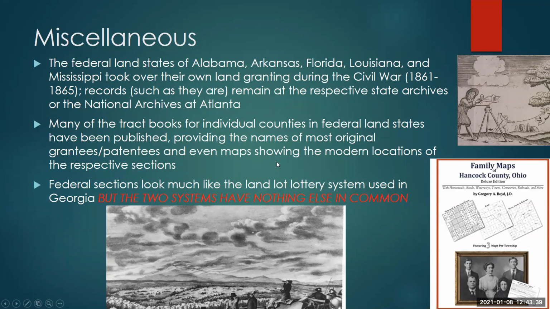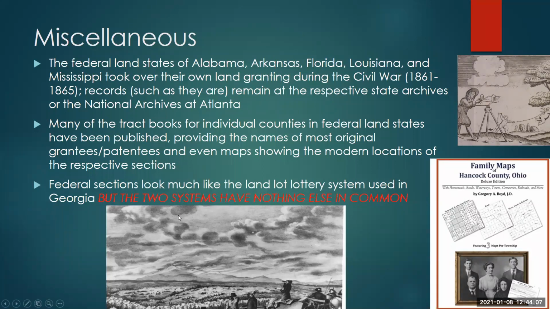Now, let me say in defense of these books, they are wonderful, and I turn to them all the time myself. The reason is the people who compile these books also include modern county maps, so that as you go through it and you find your ancestor in such a book, you can then go to the next page and actually see where the land is that they received the grant or patent on.